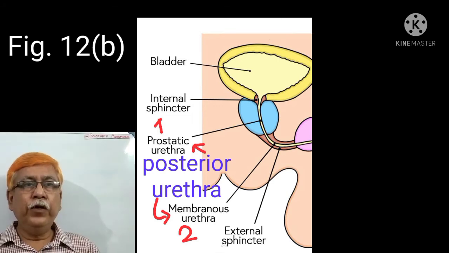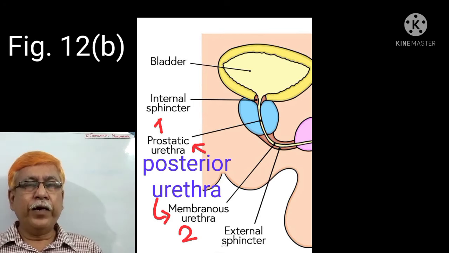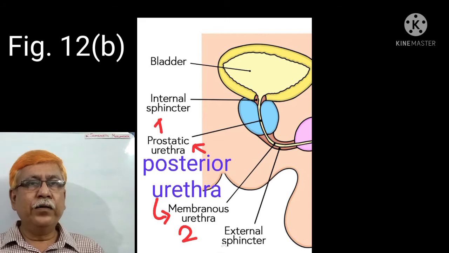Prostatic urethra. The distal part of the urinary bladder is continued as the prostatic urethra. It receives ejaculatory ducts from the seminal vesicles and prostatic ducts from the prostate gland as it passes through the prostate gland.